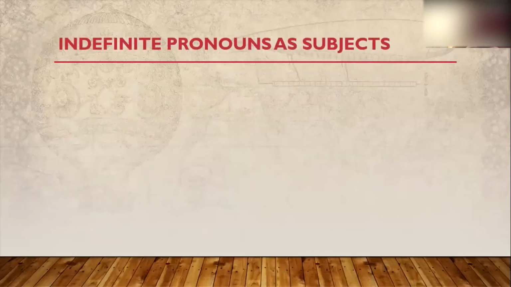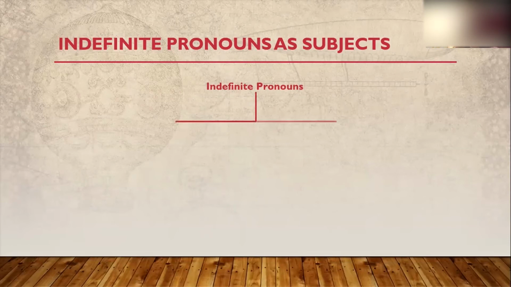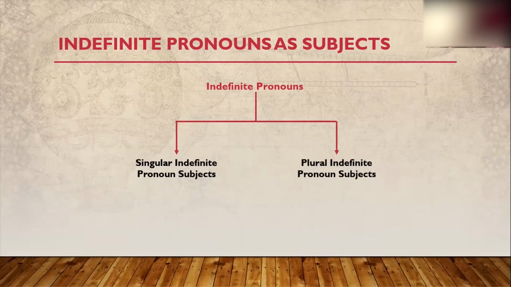Here, we will discuss indefinite pronouns as subjects. Indefinite pronouns are further classified into two types. The first one is the singular indefinite pronoun subjects. The second and last one is the plural indefinite pronoun subjects.